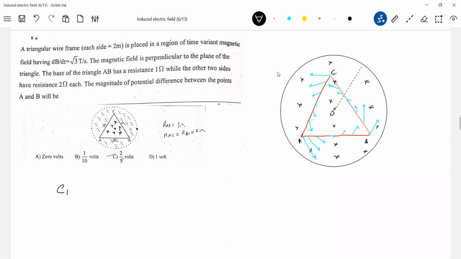First, of the loop we will calculate half into base into height. What is the height of the triangle? Base 2 meter, 60 degree.